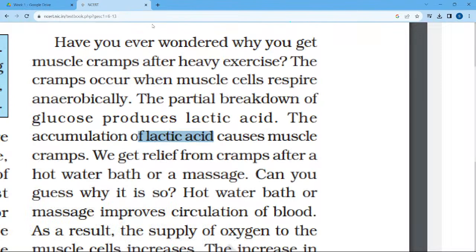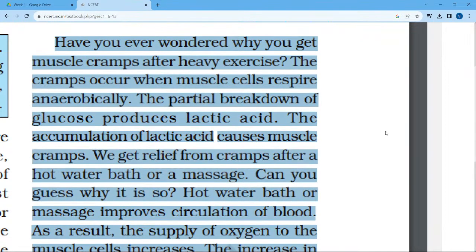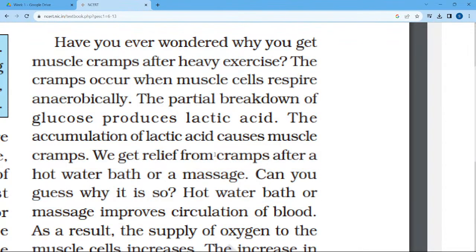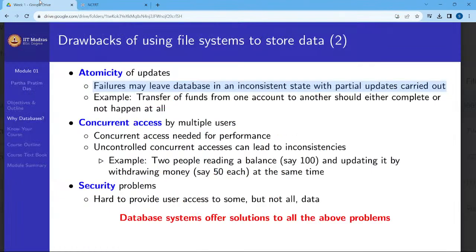Let's say I asked you to change the color of this much into red, but there was some failure somewhere around the word cramps. So what would happen is, from the start till there the words would get colored red, but the rest of the words won't. That is a problem if failure occurs.